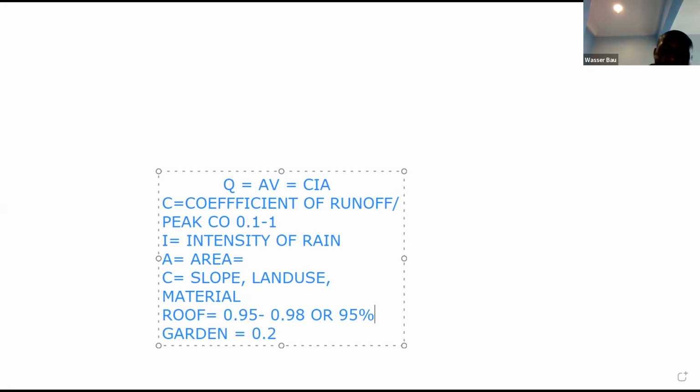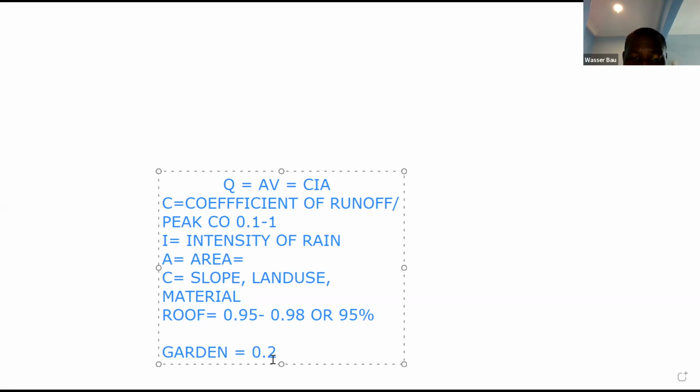So garden will be like 0.2. Then some gardens, in fact, it's a range. Some gardens are even 0.1, which means when water falls in a garden, 10% of it will flow as runoff. I'll still come to that.